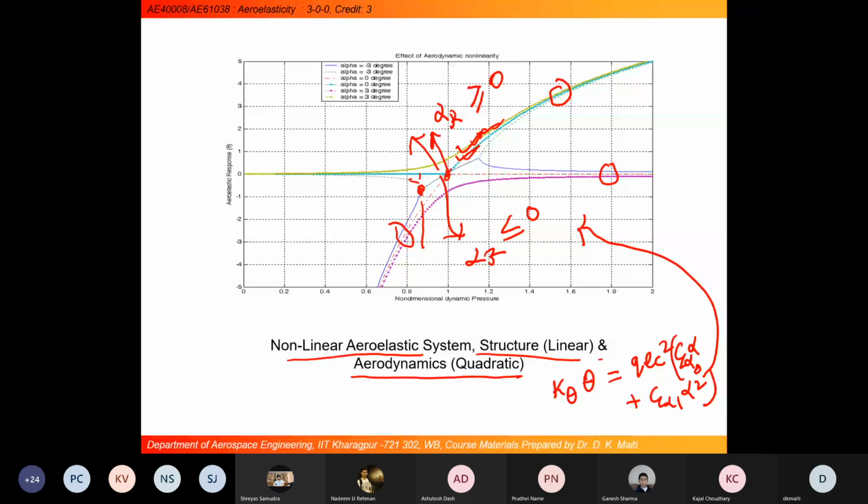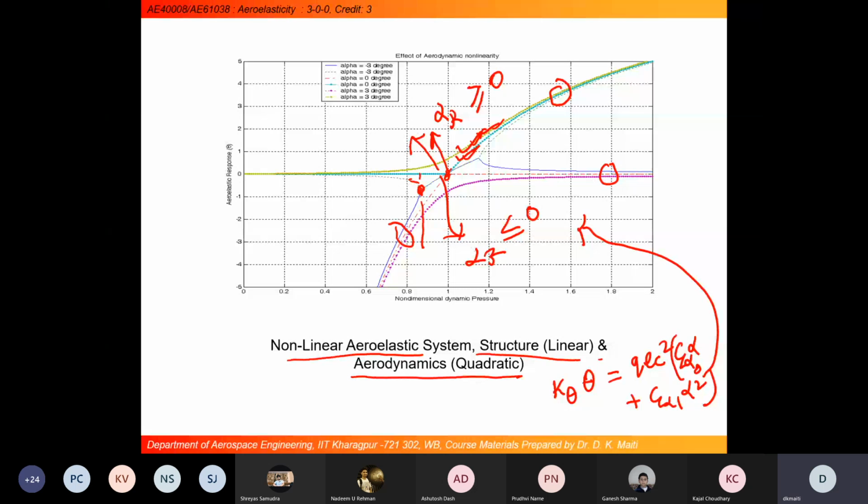Yes, sir. Okay. I'll be giving one assignment so that you can calculate these values and get the idea about how these roots are moving with different values of q for different sets of alpha. See, if you look, I have taken separate sets of alpha.